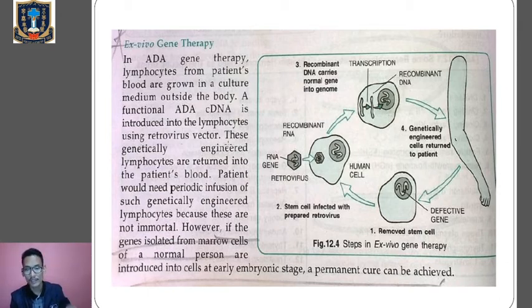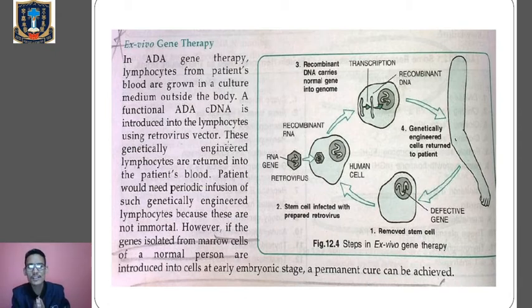Okay, then a functional ADA cDNA, cDNA means complementary DNA, is introduced into the lymphocytes using a vector. Now, which vector are we going to use? We are going to use the retrovirus vector for the introduction of ADA cDNA into the lymphocytes.